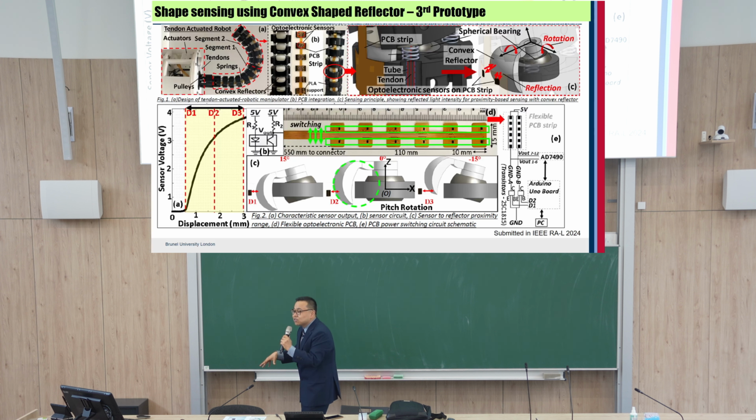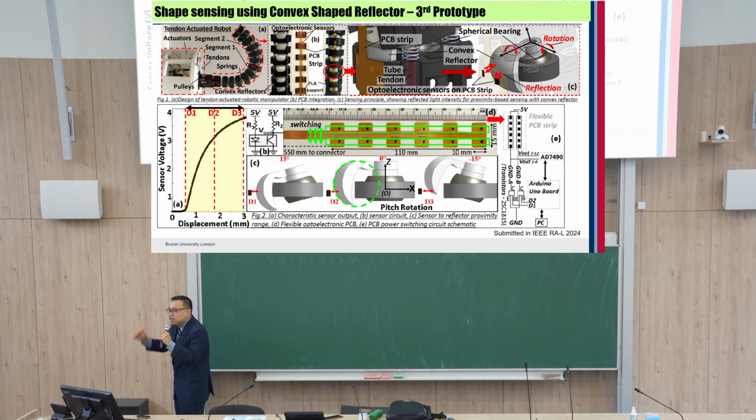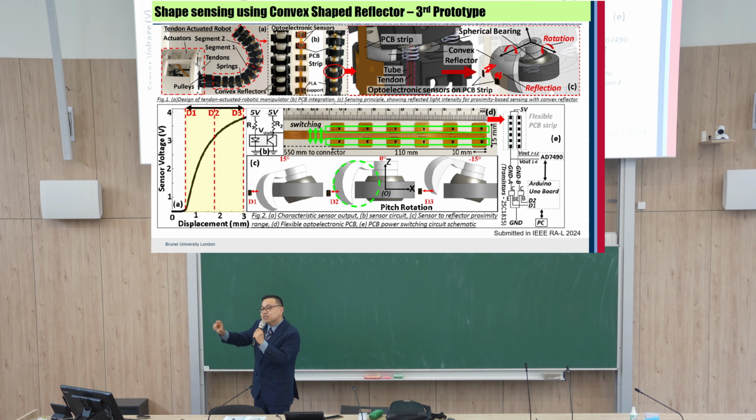Because with the optoelectronic sensor, if a surface is angled, a little bit not in parallel, then a single optoelectronic sensor cannot estimate the displacement or distance very accurately. But with multiple units, I'm thinking the distance could be measured very accurately.